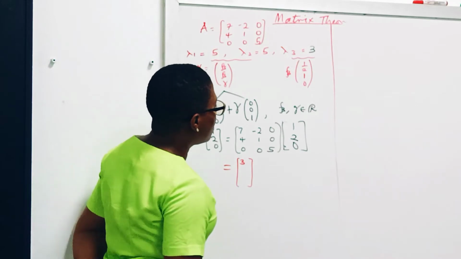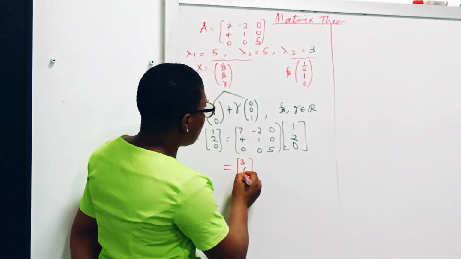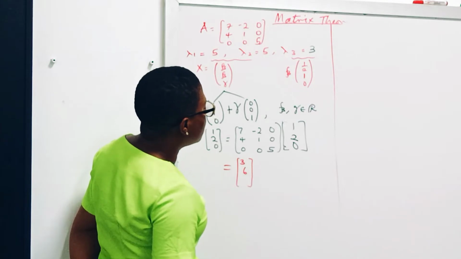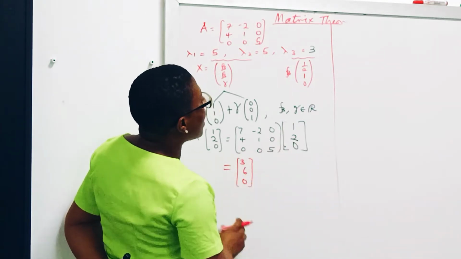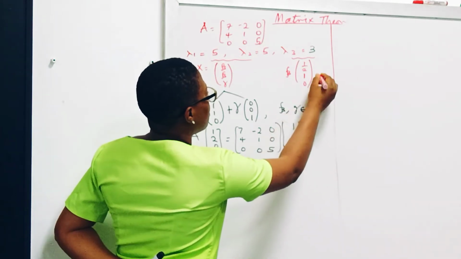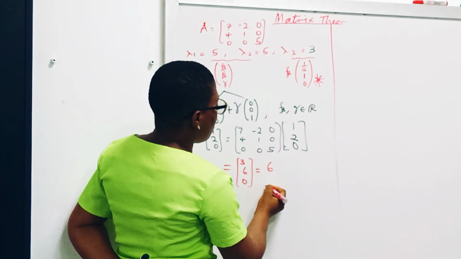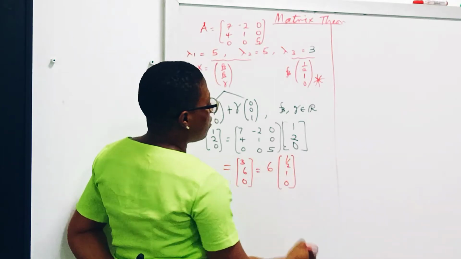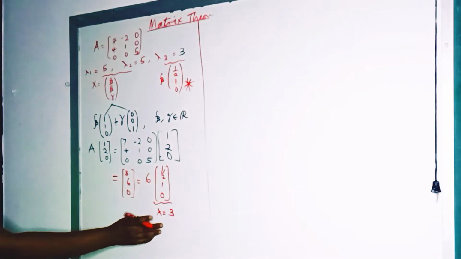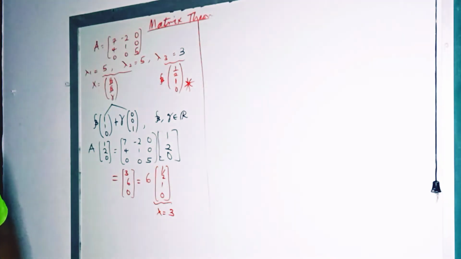What will it give me? 4 plus 2, 6. Right? Then this times this is 0. So what eigenvector does it correspond to? It is 3 times half, 1, 0. So this is the eigenvector of the eigenvalue 3. Lambda equals 3. So that is number 4.